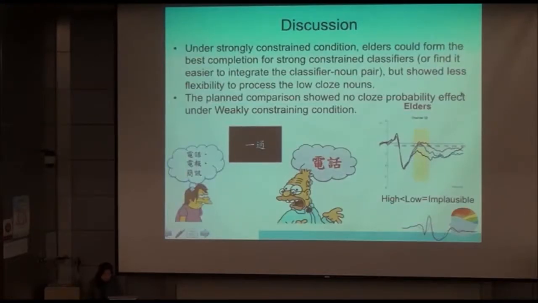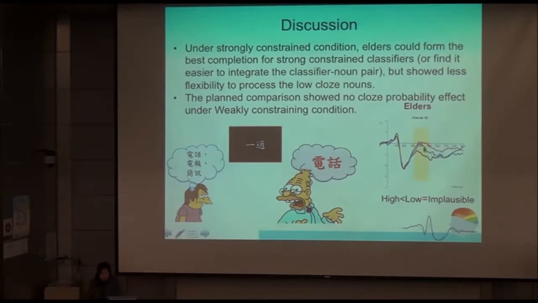But for the healthy elders, the cloze probability effect can only be found under the strongly constrained condition. That means they either can form the best completion for the strongly constrained classifier, or they find it easier to integrate the noun into the strongly constrained classifier. But they show less flexibility to process low cloze nouns.